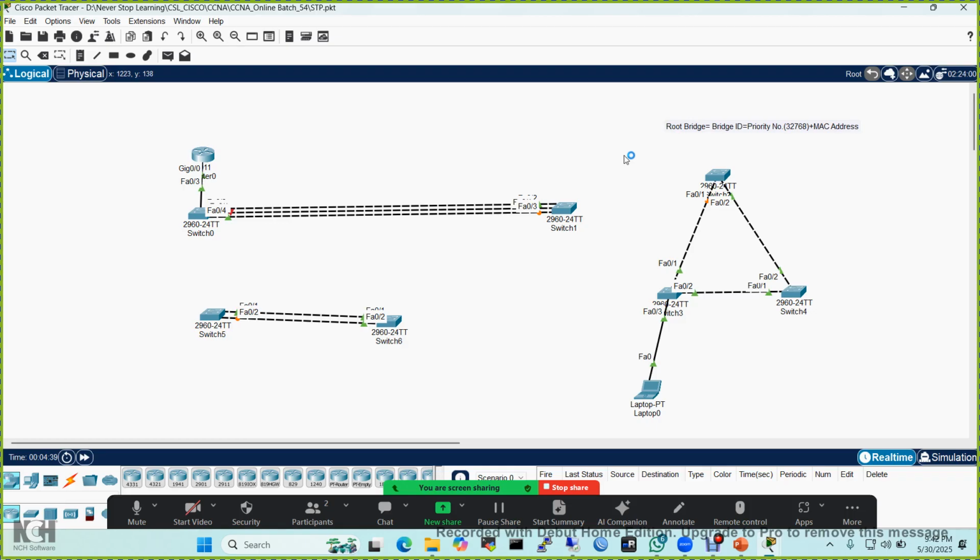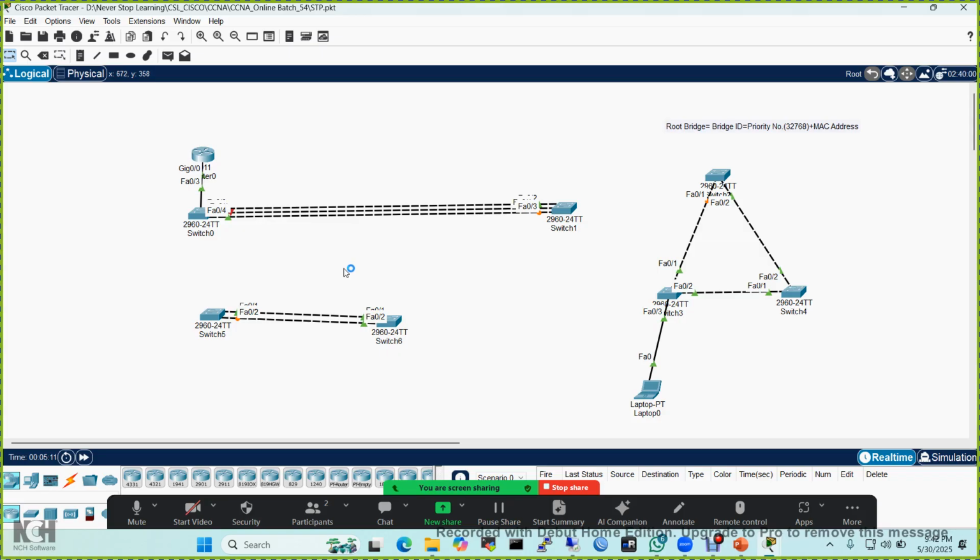The switch with the lowest bridge ID. Not highest priority and lowest MAC address, no, the switch which has the lowest bridge ID. Only bridge ID. The switch which has the lowest bridge ID is the root bridge. What is the root bridge definition? The switch that has the lowest bridge ID will be the root bridge.